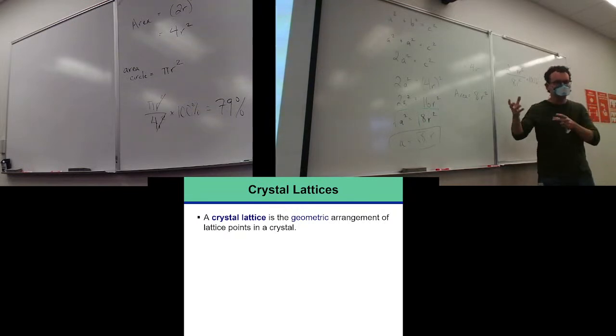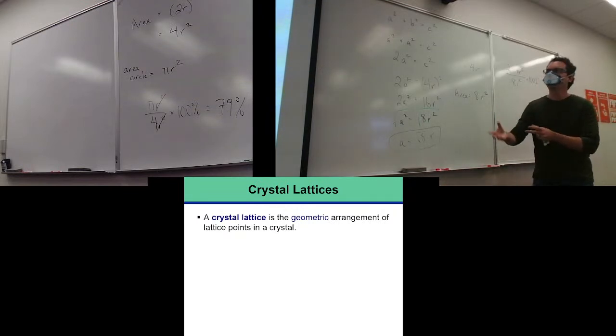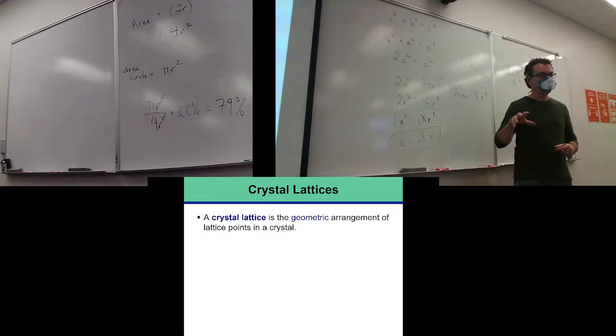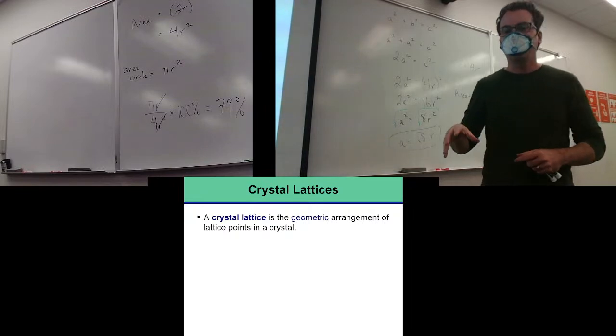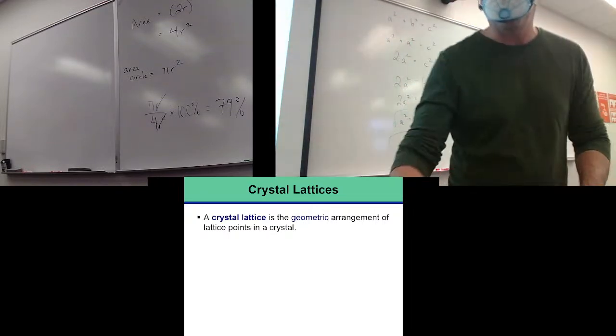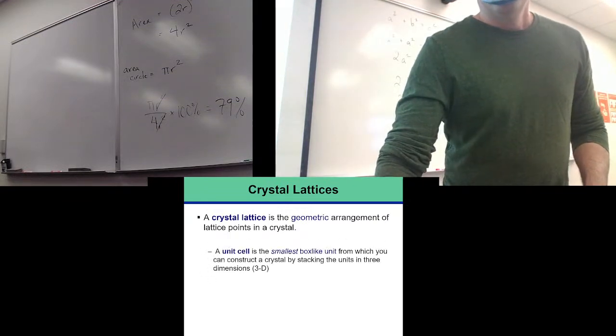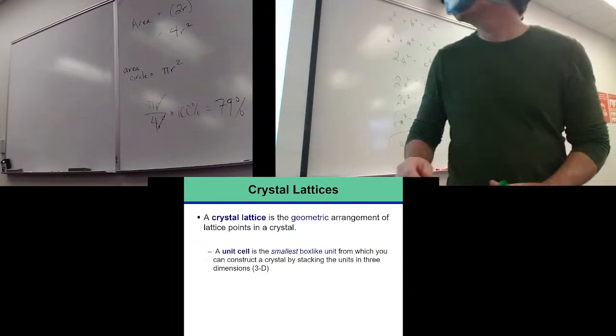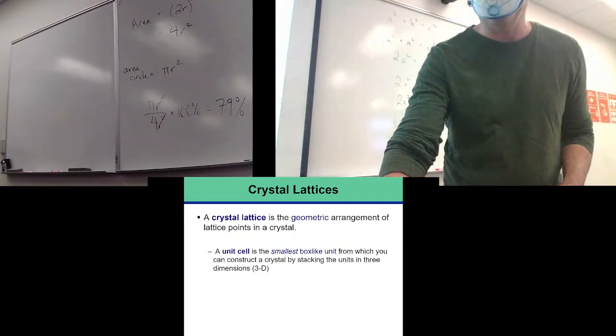The atoms are here. I'm going to say the lattice points are here, because sometimes you can have molecules in those lattice points too, okay? So it's a position in a crystalline structure. That's what the lattice point is, okay? And the unit cell is the smallest box-like unit from which you can construct a crystal, okay?